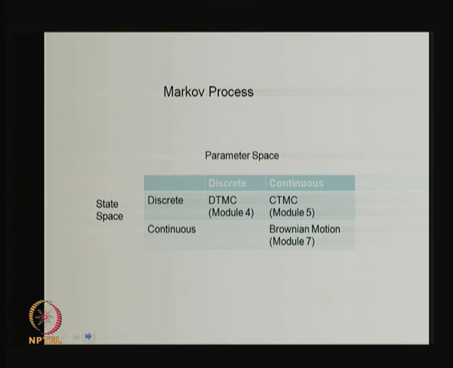Suppose the state space is discrete, then we say that Markov process is a Markov chain. Along with the state space being discrete, if the parameter space is also discrete, then we say discrete time Markov chain. That means a stochastic process satisfying the Markov property, state space is discrete and the parameter space is also discrete. This we have discussed in module 4.